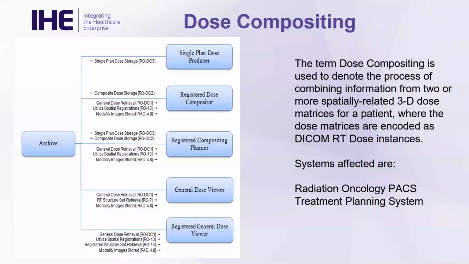We have a fair number of actors in this. This is one of the profiles that I personally really was happy to see us work on, but unfortunately it's not been tested very much in our connectathons. Adoption of this has been a little bit slower than anticipated.